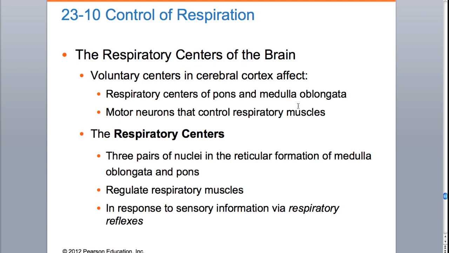So the regulation of brightness, dim or bright, that would be the pons. The on-off switch would be the medulla oblongata. And of course, you can regulate on and off also as being what? A control mechanism. So that's what this is relating to. Of course, we're controlling who? The respiratory muscles that we've already seen. So not much information. This is just an overview.